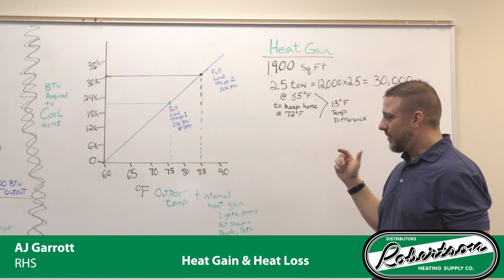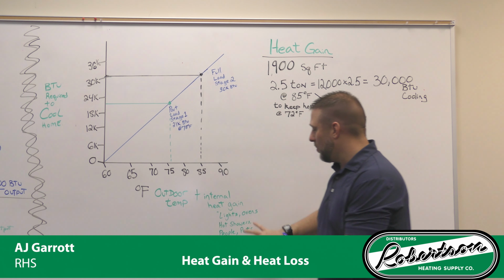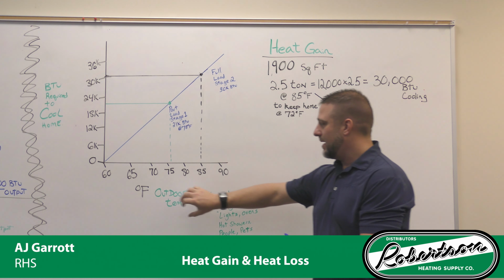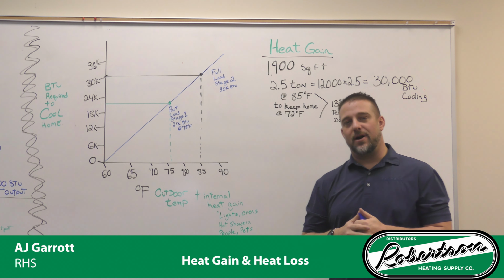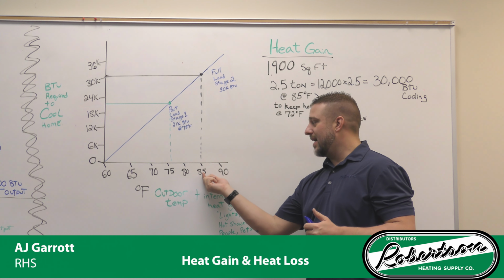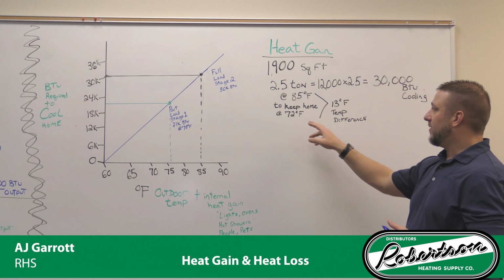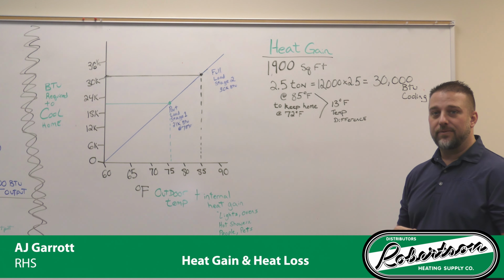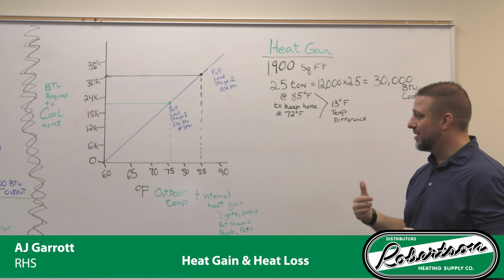So we have decided that with all our internal heat gain and with our outdoor temperature, that 2.5 ton is going to perfectly fit our application. It's important to know though, anytime the temperature goes above 85, we may not satisfy the house at 72. Again, we're designed around 13 degrees from outdoors to indoors.